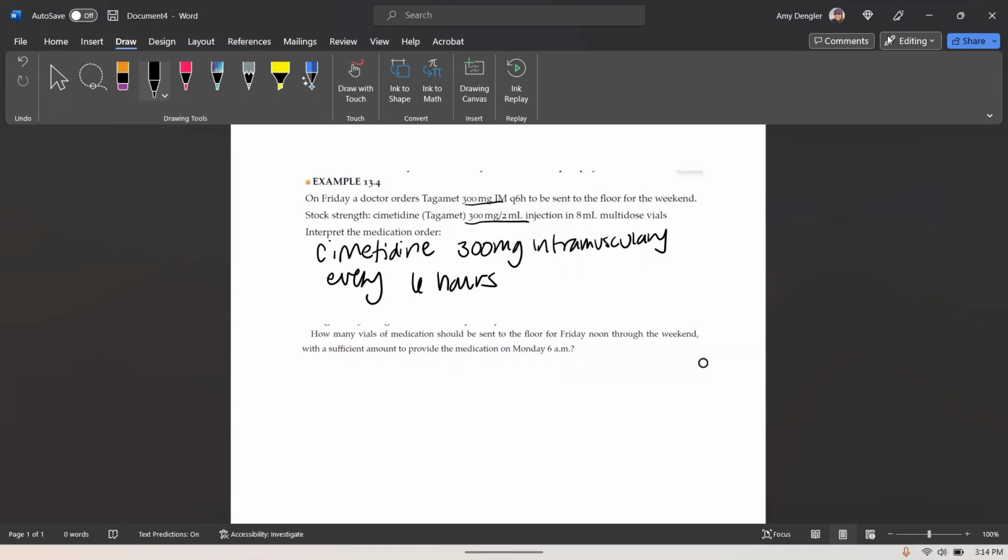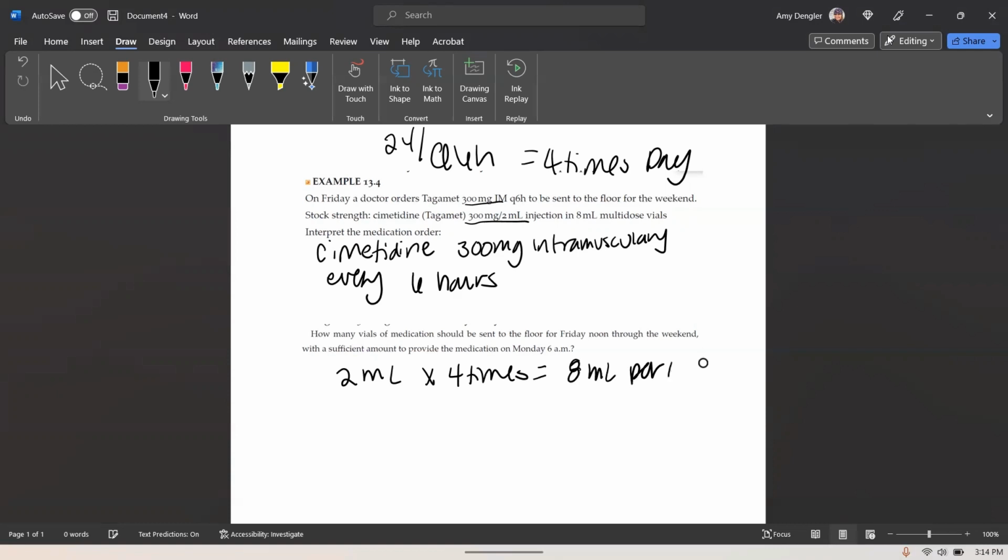So that means every time we're giving the medication, which is every 6 hours, 4 times a day, we're giving them 2 ml. So 2 ml times 4 times a day means we're using 8 ml per day.